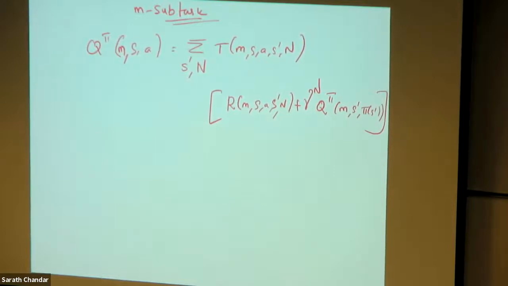I'm adding M here. Is that clear? In this case, my abstract action A has invoked subtask M, and if I follow this policy of subtask M, this is what my Q value is going to be. Is that clear?